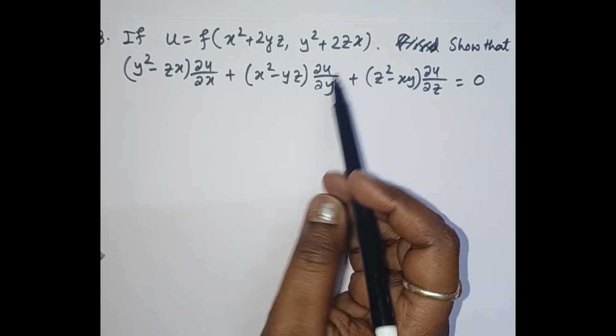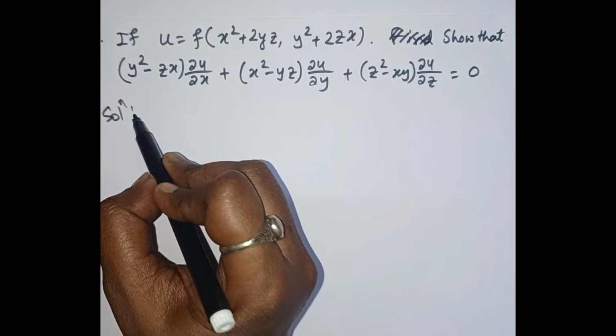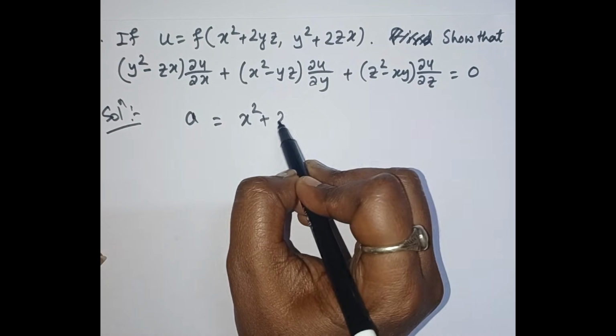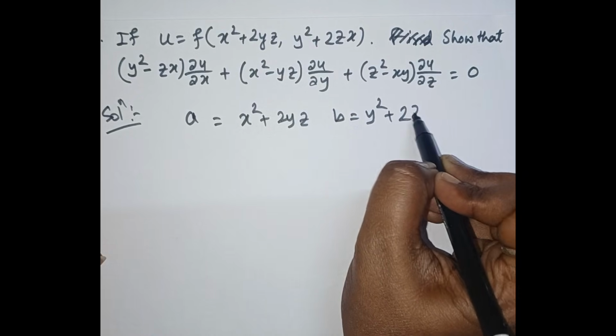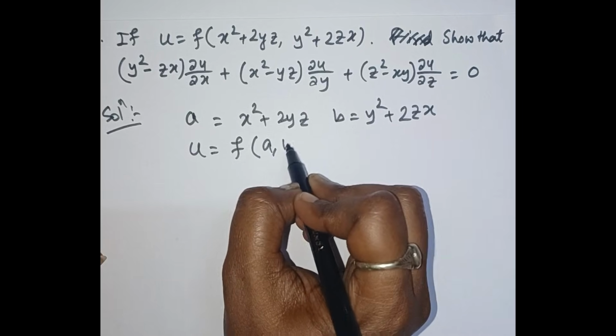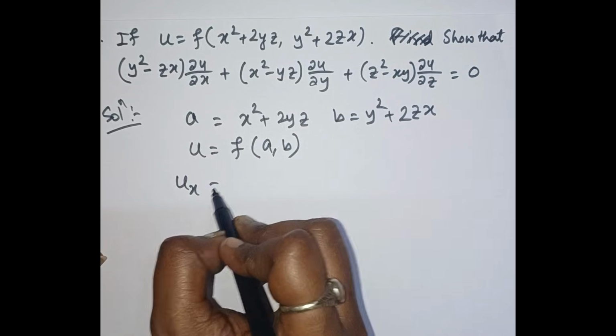plus 2yz, y square plus 2zx). But this question we have to calculate separately. Now take a equal to x square plus 2yz, b equal to y square plus 2zx. Then u is now a function of a, b. So we need ux.